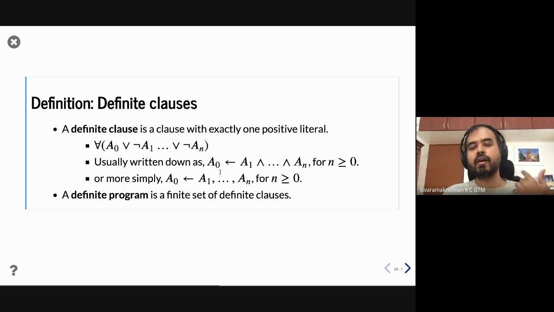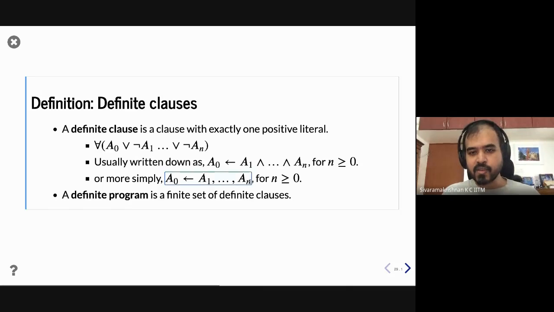And simply in Prolog, in logic programs, because conjunction is the only operator that can appear there, we just use commas. So every definite clause we write as A0 implied by A1, A2, A3, up to AN, where n is greater than or equal to 0.